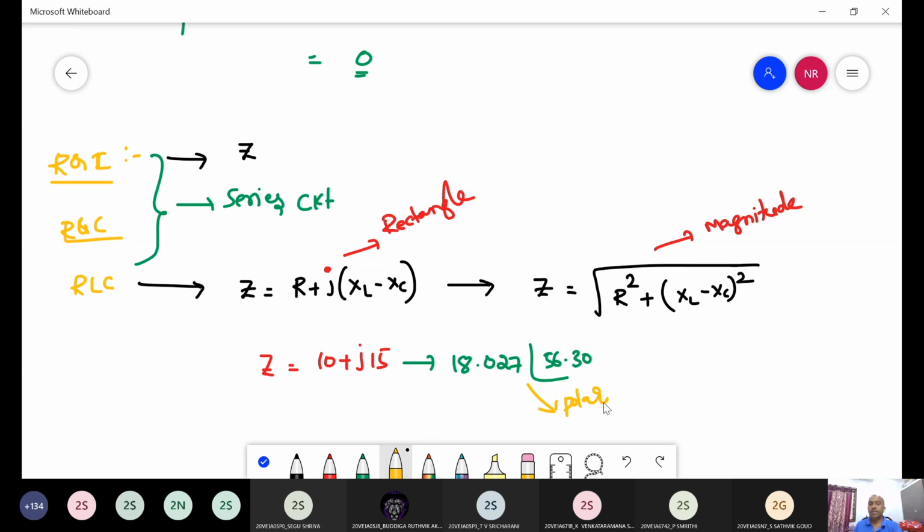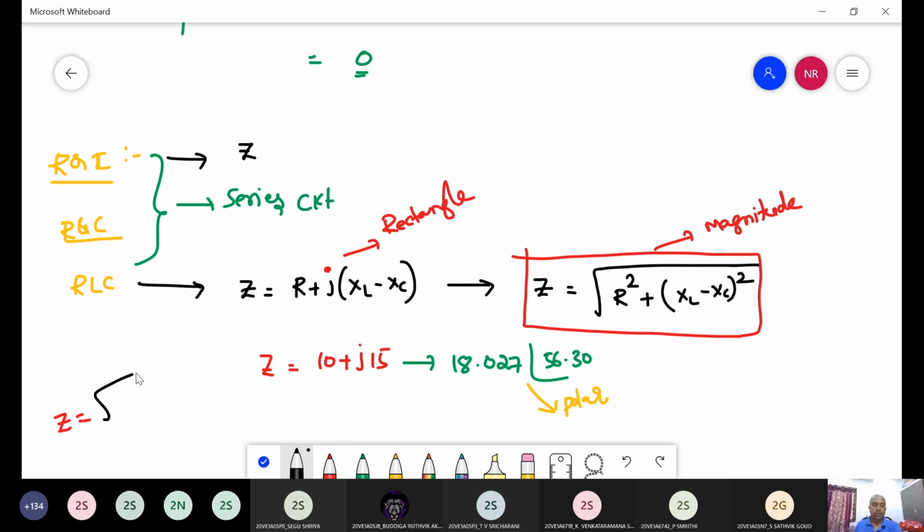Right? So here the point is, if you use rectangular and polar in this formula, you will get only magnitude. But here, see, the same thing. Here, do Z is equal to the square root of 10 square plus 15 square.